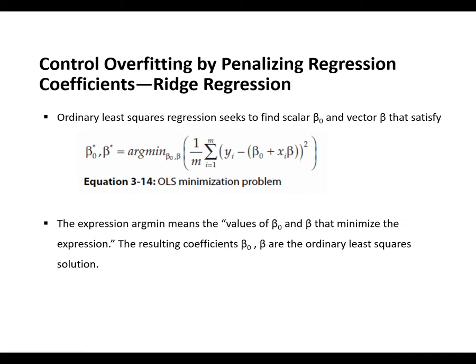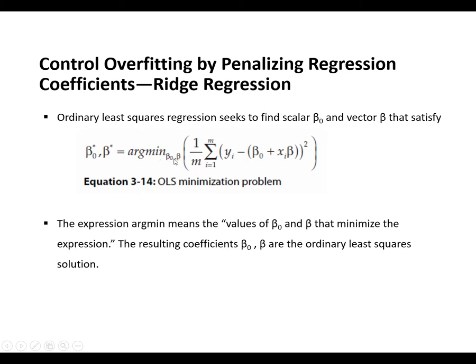Now what we want to do is minimize the difference between the actual value and the predicted value. So ordinary least squares regression seeks to find scalar beta 0 and vector beta that satisfy this equation. But what does this argmin mean? argmin over beta 0 comma beta.